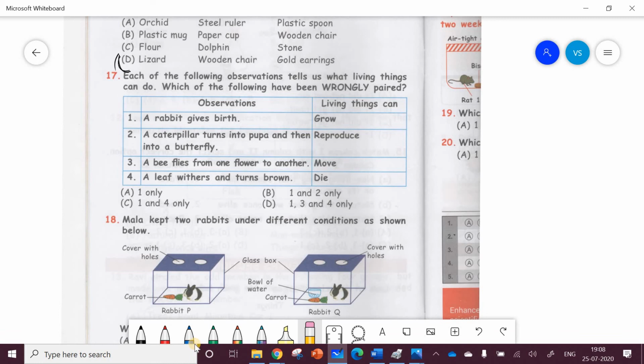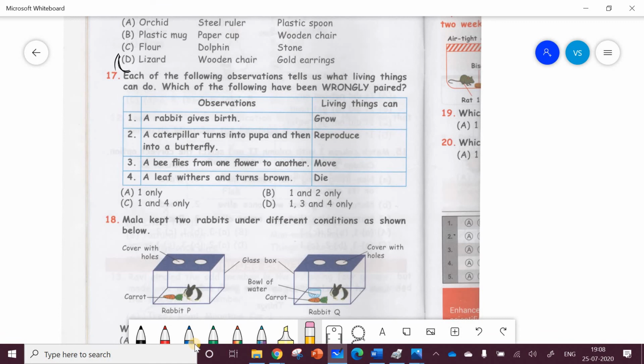A rabbit gives birth. And it says living things can grow. So do you think giving birth is growing? Giving birth to the same kind is growing? Did I explain to you that growing is that you grow in size, in age? So what does giving birth mean?